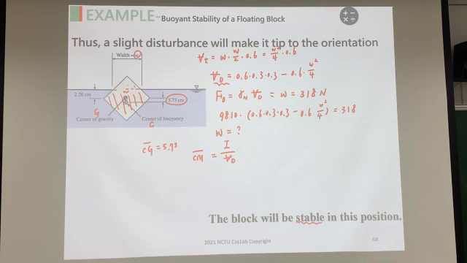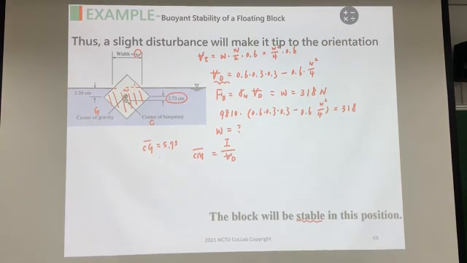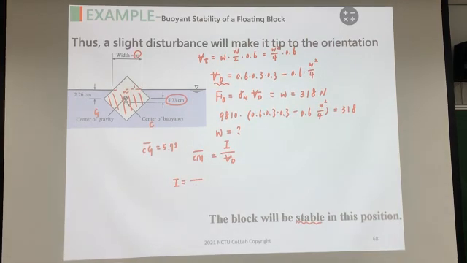So right now the I is different compared to the previous question. So here the I, the closed water area, the length is W. So for this question, the second moment is 0.6 times W to the third power over 12.